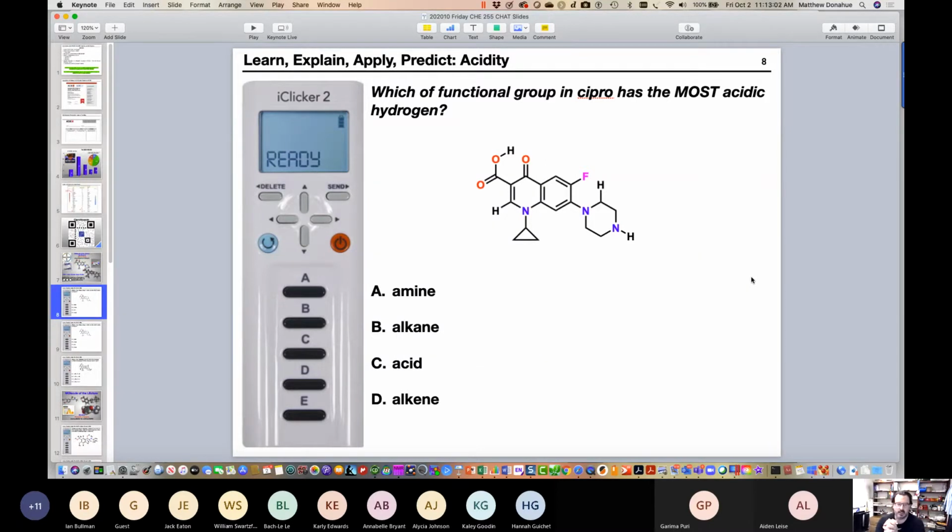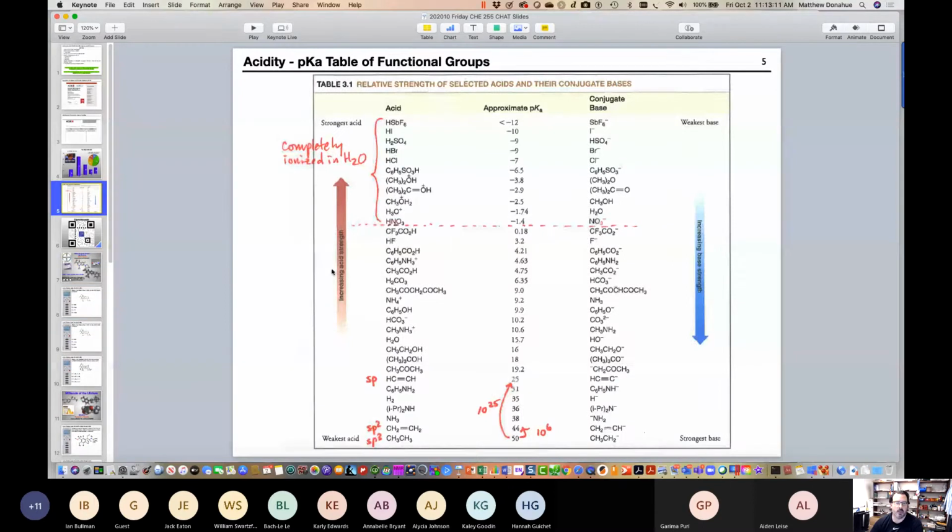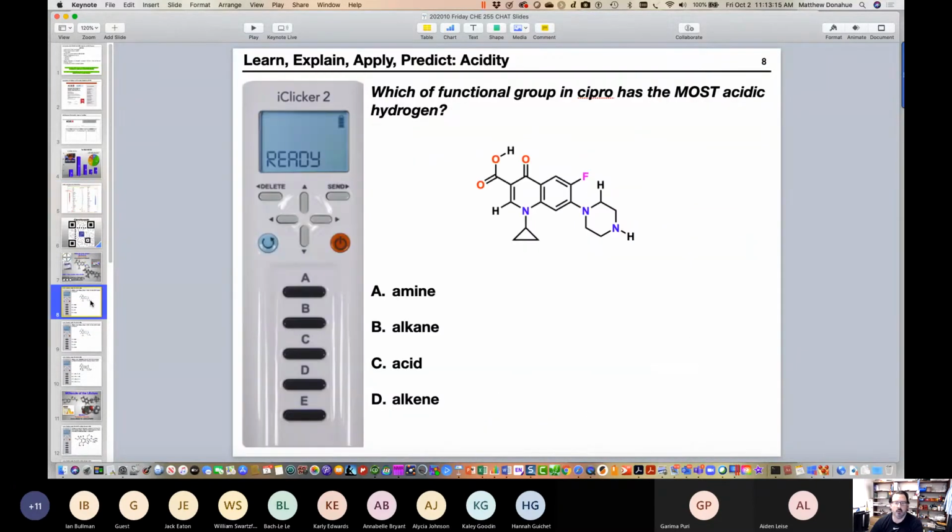So the correct answer is C, the carboxylic acid. Again, how do we know that? We go to our table here. One thing I might point out to make the mental burden of making it through this class easier: you're just looking for this part of the acid.